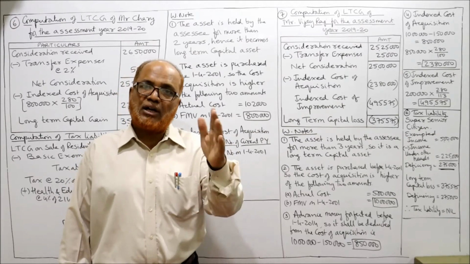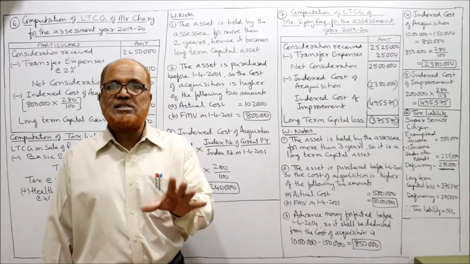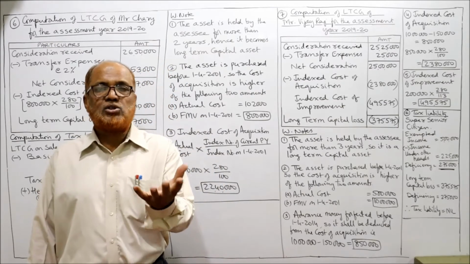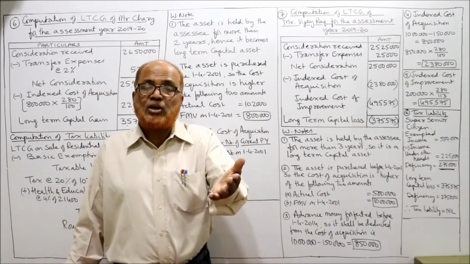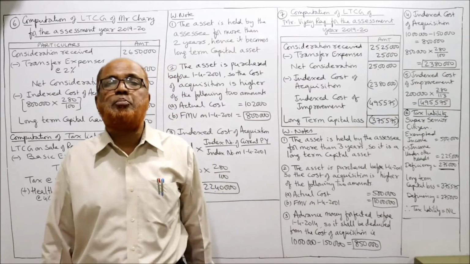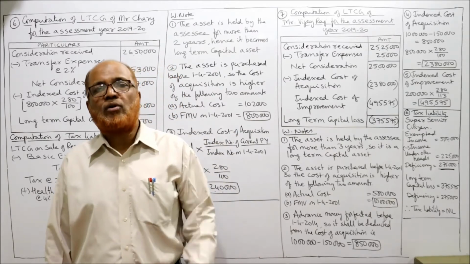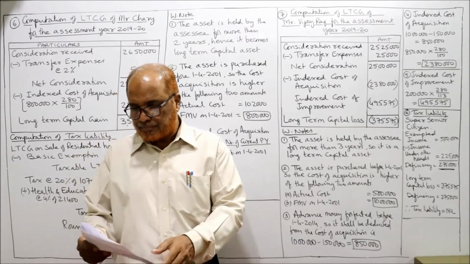So for converting the gold into ornaments, he incurred an expenditure of 2 lakh. Now he has gold ornaments, not raw gold. So by spending 2 lakh rupees, the gold is converted into ornaments. So it can be treated as improvement. So we have cost of acquisition and cost of improvement.